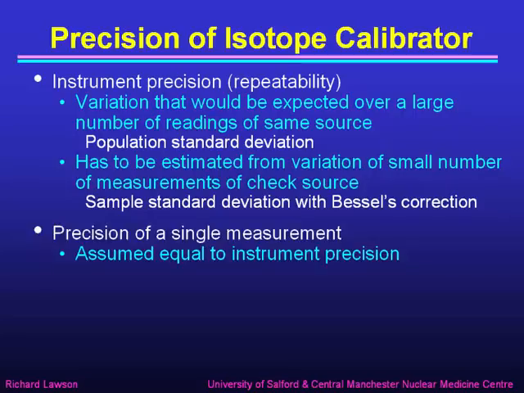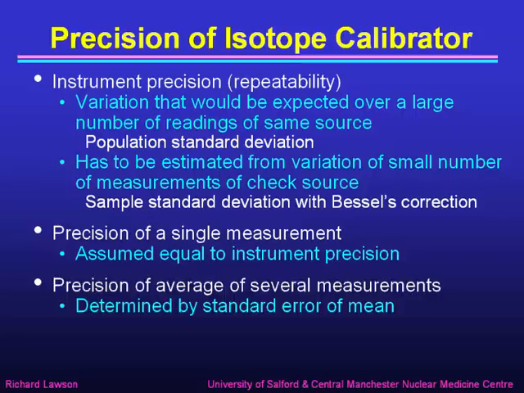If we just take a single measurement, then we take the precision of that as the instrument precision that we can determine from some repeat measurements of a check source. If we are able to take an average of several measurements, then we can determine the precision by the standard error of the mean.